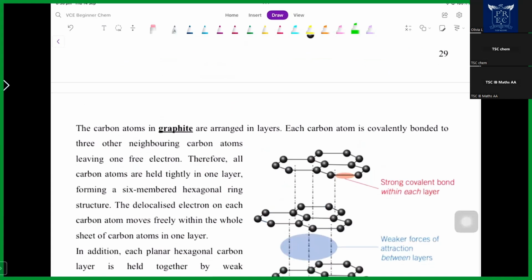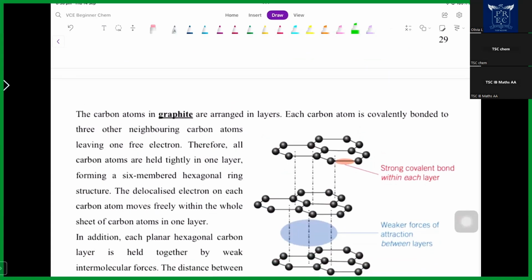Another shape is graphite. When you do not have very high pressure and temperature, carbon forms a layer structure. In this case, each carbon atom is covalently bonded to 3 other neighboring atoms.